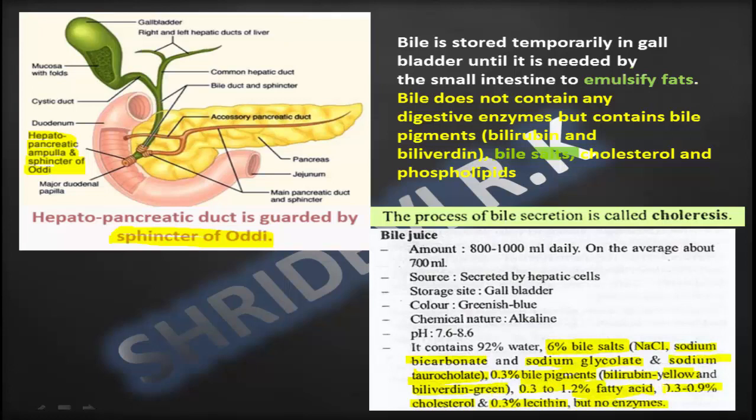What is the percentage of cholesterol in the bile juice? 0.3 to 0.9%. The two important salts which are required for the emulsification of the fat are sodium glycolate and sodium taurocholate. So this is about the composition of the bile juice.